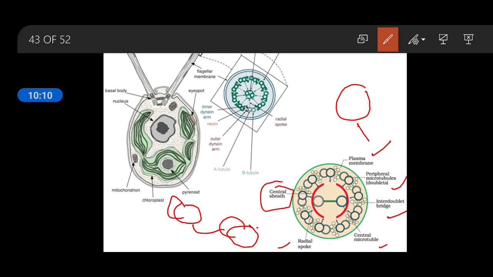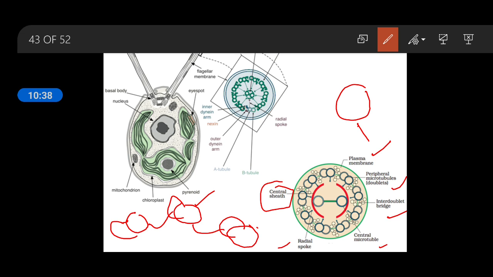If you see the doublet behind this doublet, then this is the interdoublet bridge. So in this way you can see each doublet is connected with another doublet. Okay, so this is the arrangement of microtubules in the flagellum.